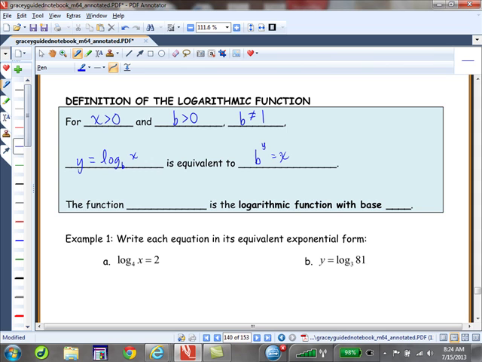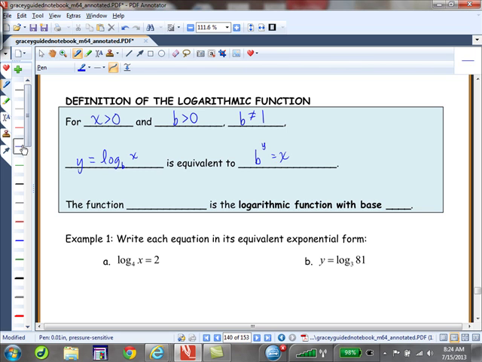See how over here y is equal to this log function, and in the exponential form, y from here is the exponent. So if you have a logarithm on one side and something else on the other, that something else is the exponent.